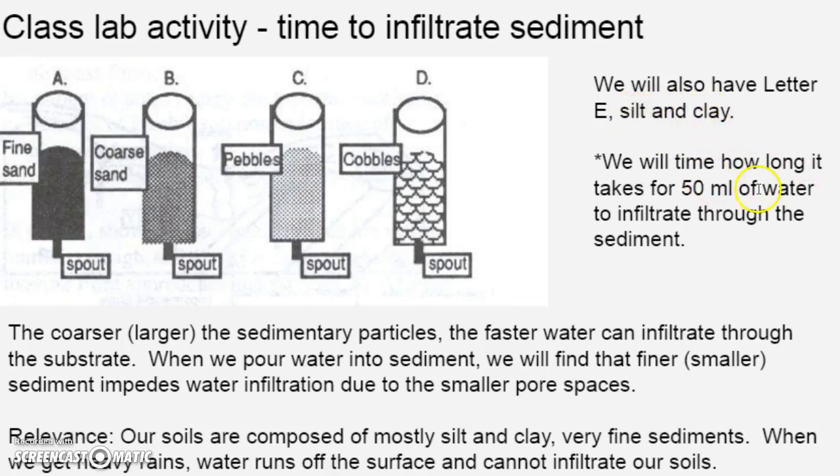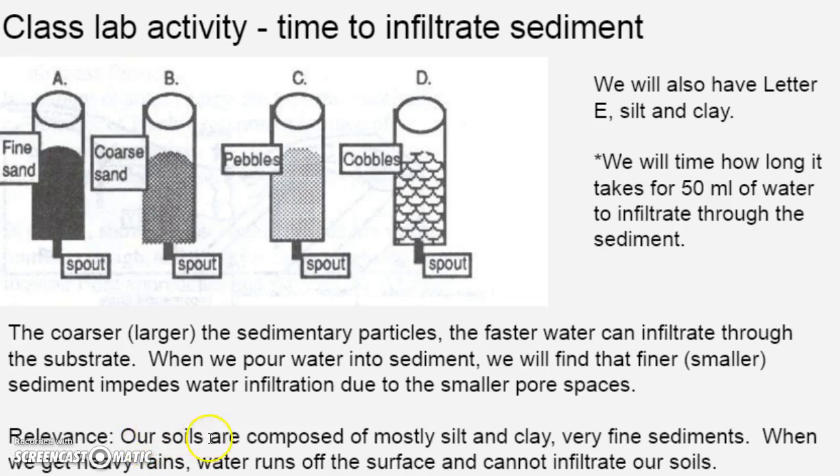Think of it this way: the coarser, the larger the sedimentary particles, the faster water can infiltrate through the substrate. These sediments are the substrate. When we pour water into the sediment, we'll find that finer, smaller sediment impedes water infiltration due to the very, very small pore spaces. We'll sort out what pore space is in this lecture.